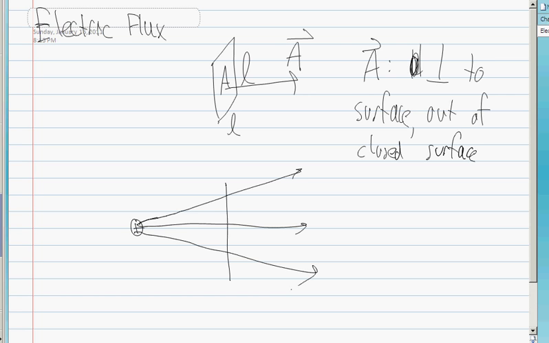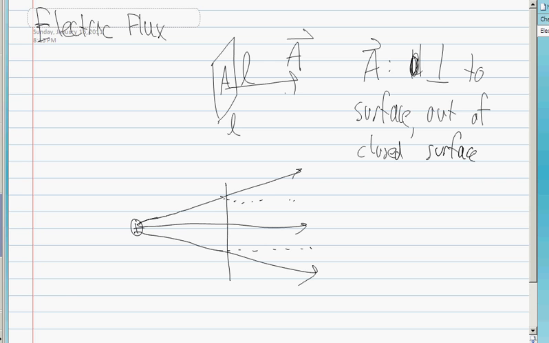However, the only parts that are going to have the greatest effect are the ones that come out of the surface. For us to keep track, we're going to have to find out what part of it is perpendicular to this side and parallel to this new A vector.